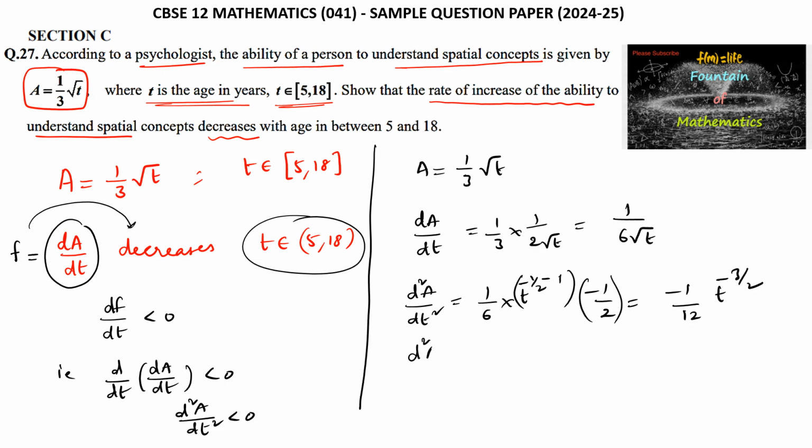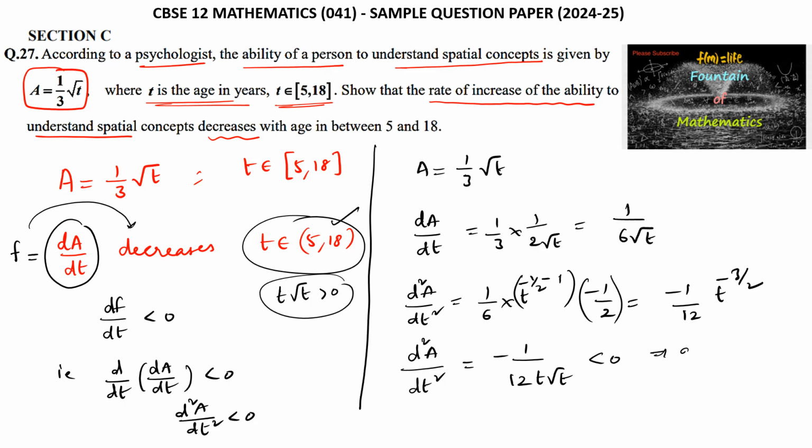So we can write d square A by dt square is equal to minus 1 by 12 times t to the power of 3 by 2, or t root t. And for t belongs to 5 comma 18, we can say t root t must be positive. So minus 1 by 12 times t root t must be negative.